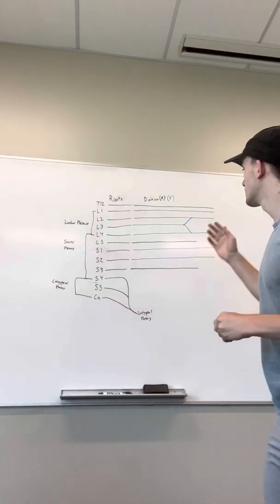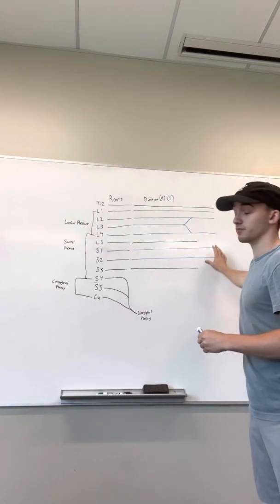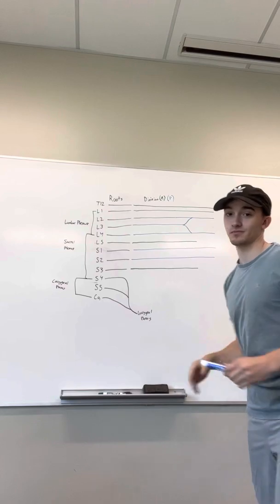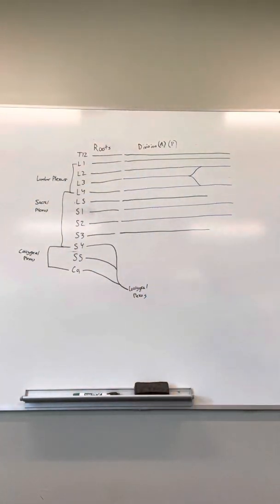Again, green is the anterior division, and blue is the posterior division. I'm gonna get a little bit closer so you can see a little better. Perfect.